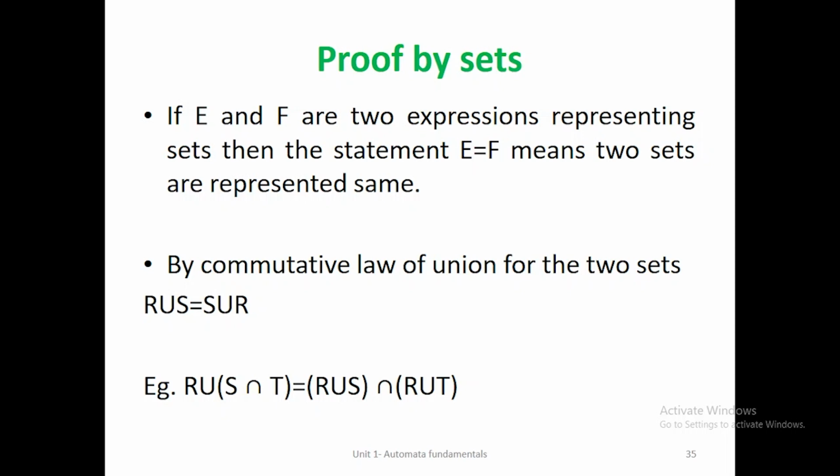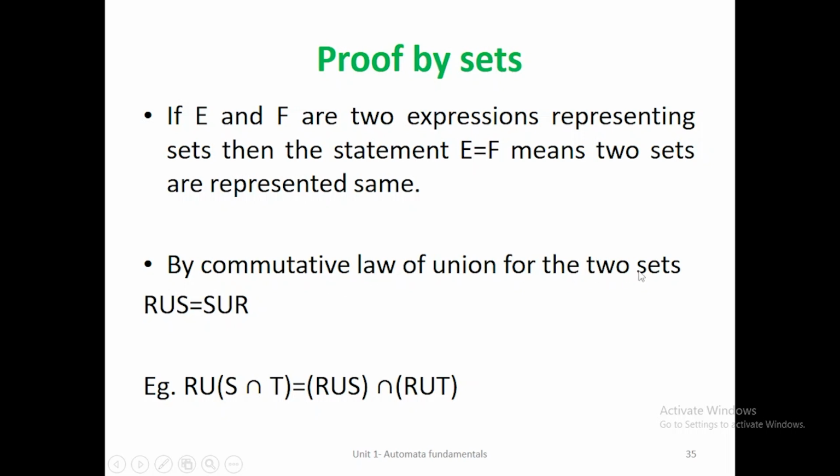If you go for set theory, if E and F are two expressions, representing any format of expressions, we can say the statements E and F are equal. So how is it possible? Again, we come to the properties by using the commutative law.